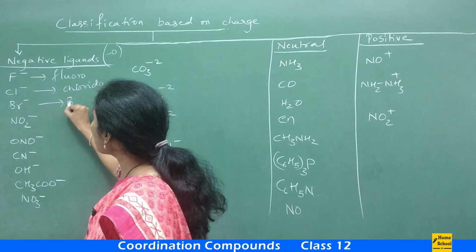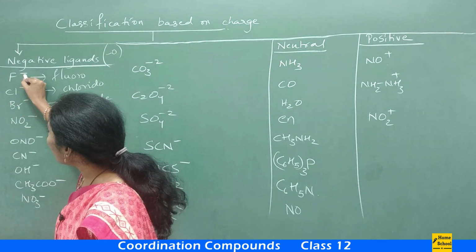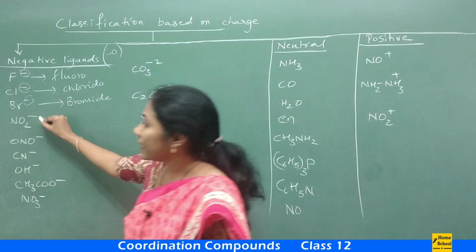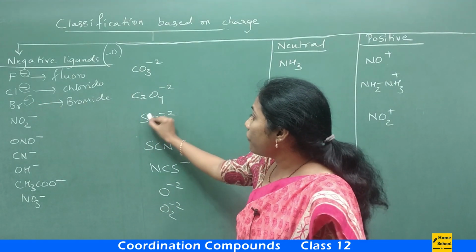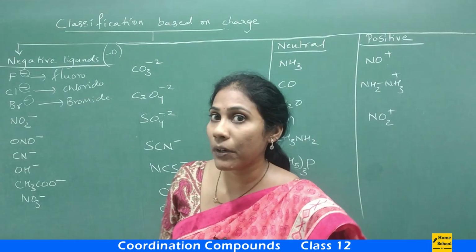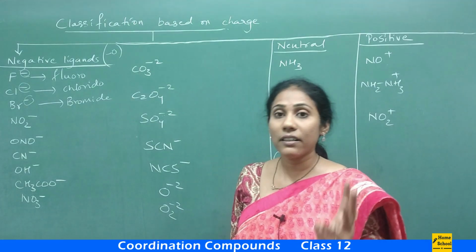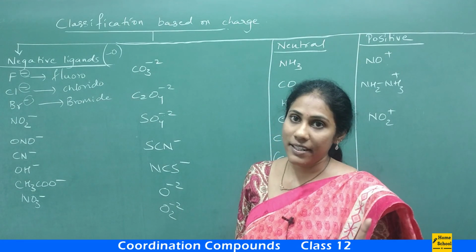Br minus is called bromido, and for all these halogen ions, what is the charge? -1, right? Here the charge of the sulfate ligand is -2. Charge is important, name is important, both are important. Without this you can't write the names of complexes, you can't calculate oxidation state.